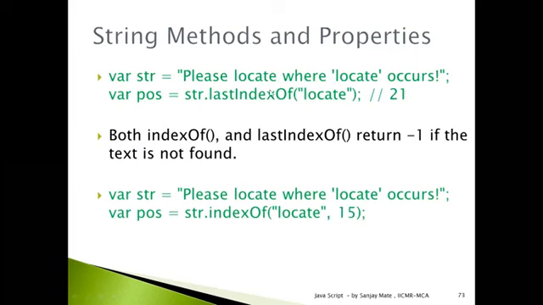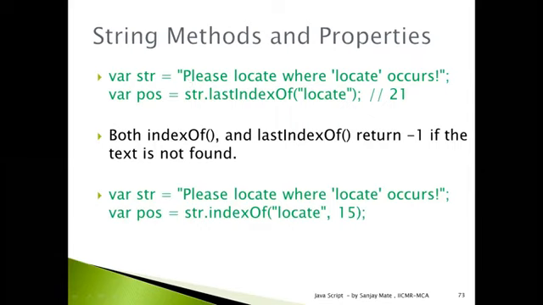In the same way we can have lastIndexOf. So we can find from the last also. I want to find out the locate from the last. So this is the locate. In that case, I can use one function called lastIndexOf. Now it will return 21, because it gives the index of the last position of that locate.